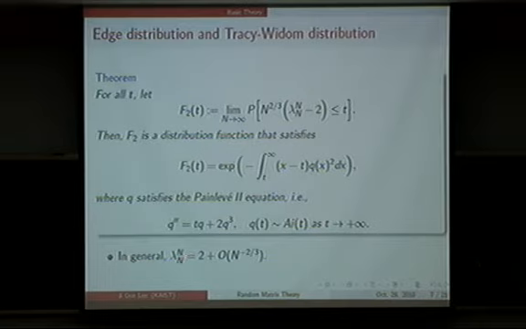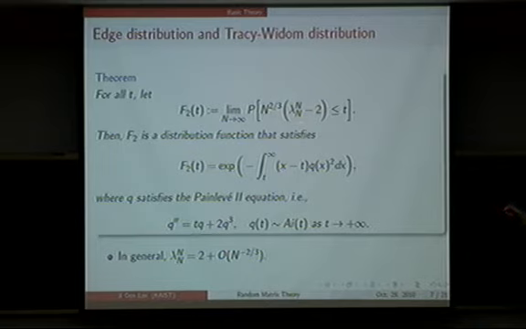But if you zoom in, then you can see the structure n^(-2/3). You can consider the distribution of the largest eigenvalue minus 2, multiplied by n^(2/3). Now this does not have any order of n, so you can get the distribution of this number.